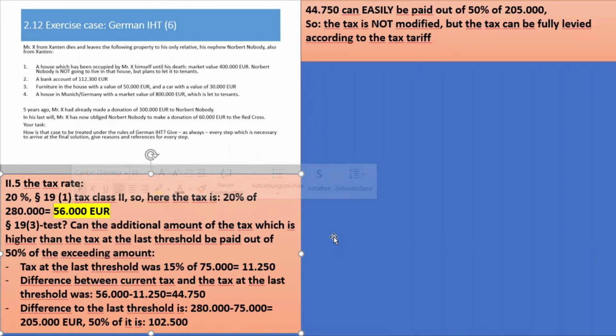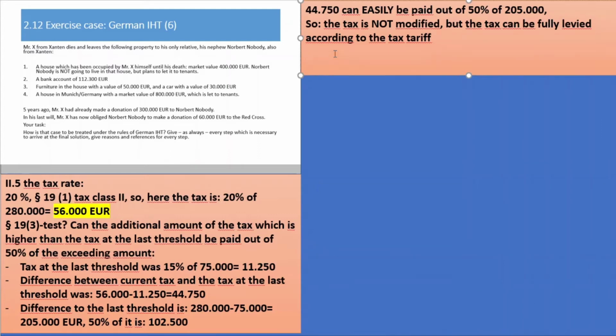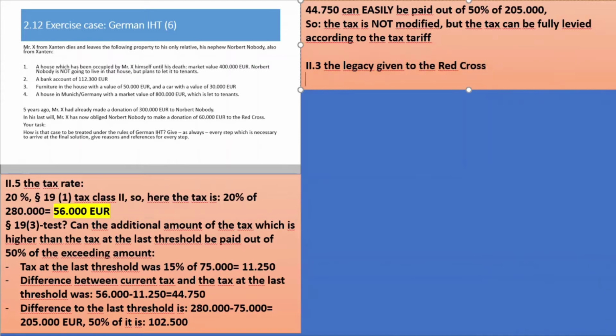Okay, now that was the treatment of the first of our cases. And now let's turn to whatever we like. The sequence is not programmed, so let's do the legacy given to the Red Cross. Well, it seems to be an easy one. Taxable event, yes, see above.